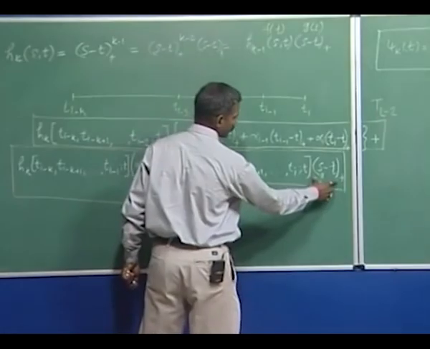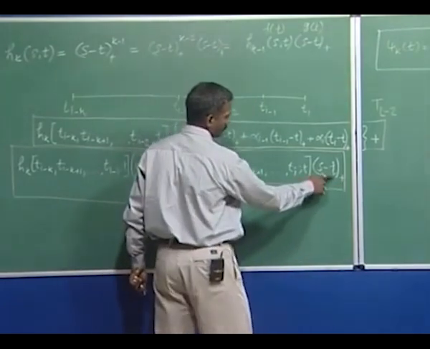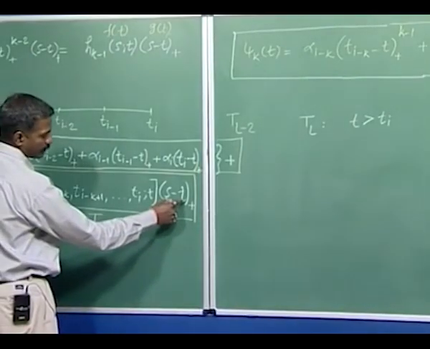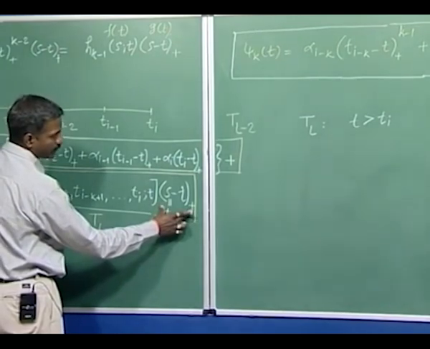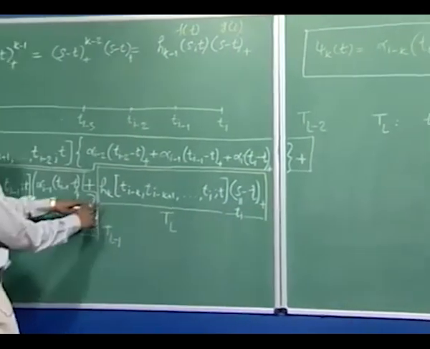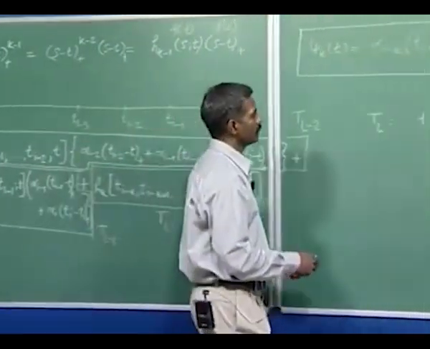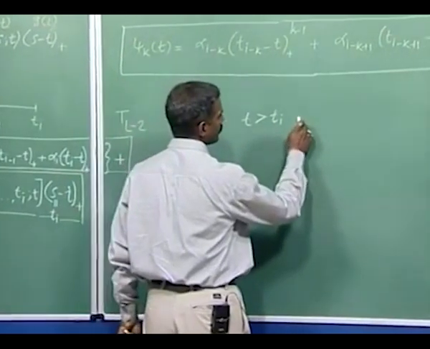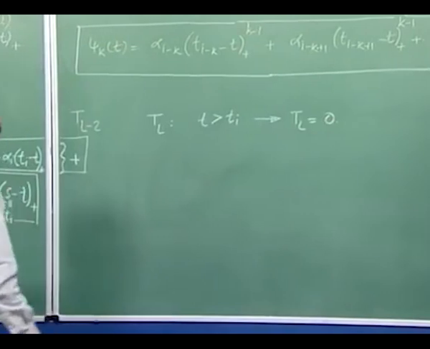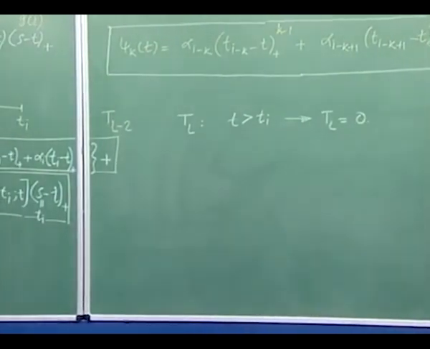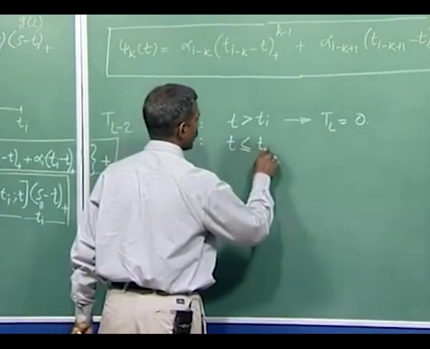If you look at this term, it is (t_i - t) truncated. For t greater than t_i, this term becomes negative, because of which this term here would become 0, irrespective of whatever this is. So T_L for t greater than t_i is 0. How about for t smaller than or equal to t_i?